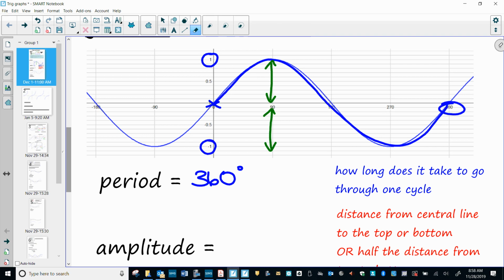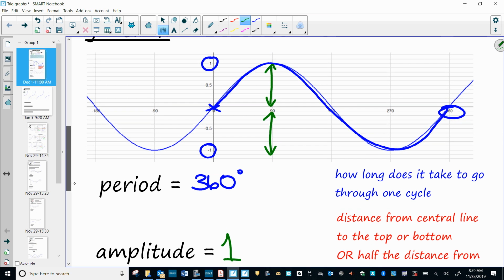I appreciate that it goes up to 1 and down to -1, but the amplitude is just the distance. So that distance is 1, that distance is 1. Does that make sense? Because we're talking from the central line, it goes down to -1.